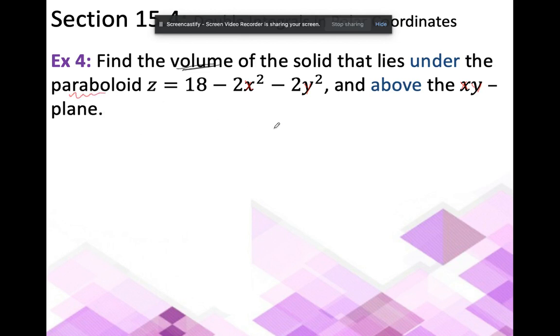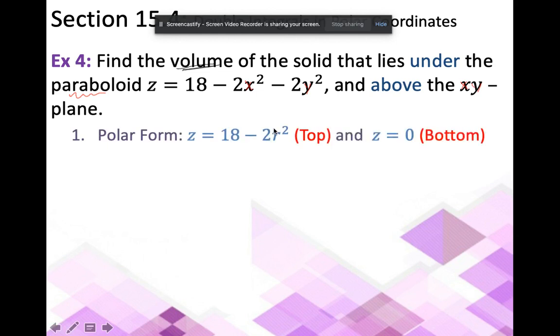I am dealing, they told me, with a paraboloid. Clue: kind of sort of circular, right? Do you see my r squared in there?